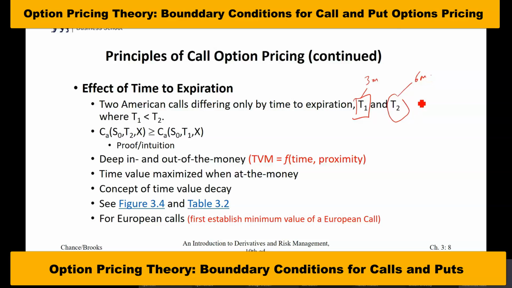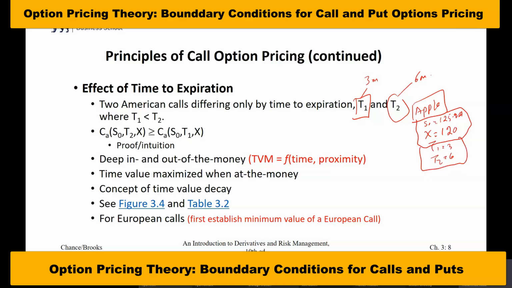So both options are, let's suppose, on Apple, the underlying is Apple's share. And let's suppose the current stock price is 125.94, okay? And let's suppose the exercise price is 120. So all the other information is the same. The only thing is T1 is 3 months and T2 is 6 months.